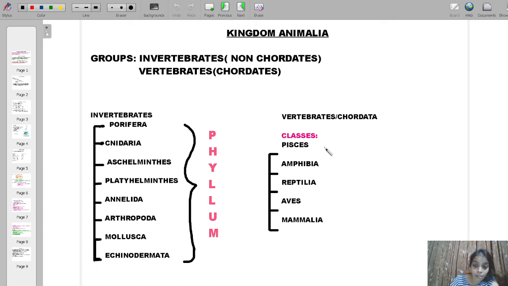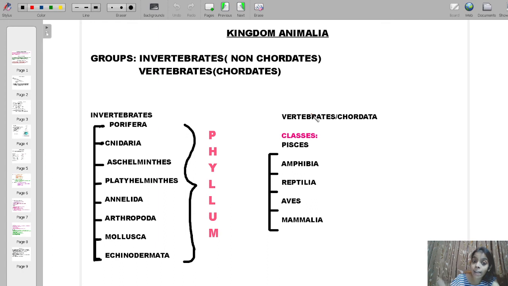Under vertebrates, there is Vertebrata or Chordata. Chordata is the phylum, Vertebrata is the subphylum. I showed you in one of the slides that there is a taxonomical hierarchy: kingdom, then phylum, class, order, family, genus, species. In between those categories, there can be subcategories. Like under phylum there can be a subphylum.